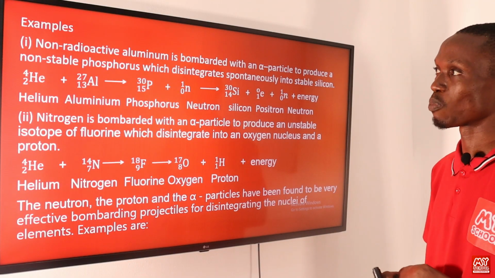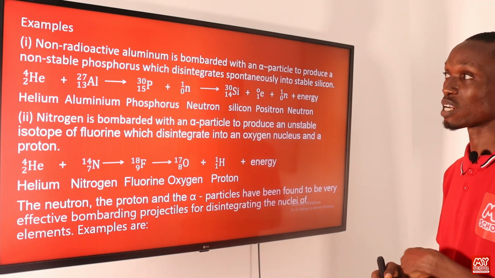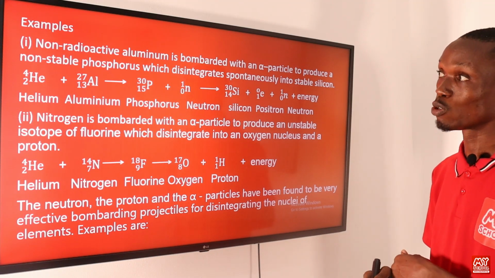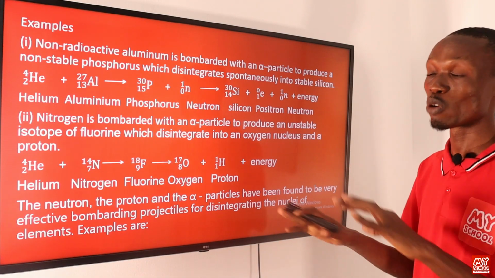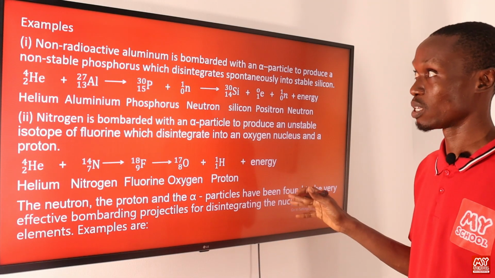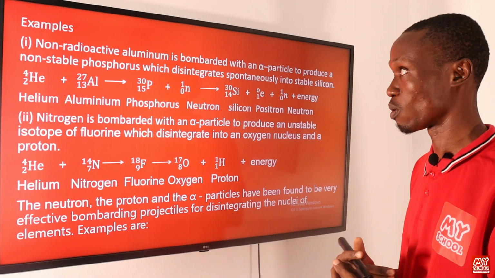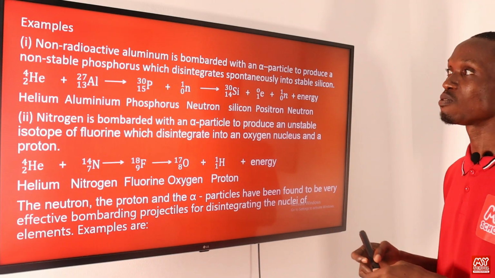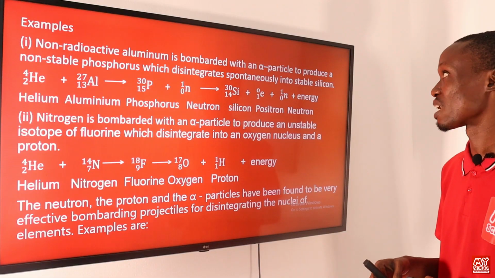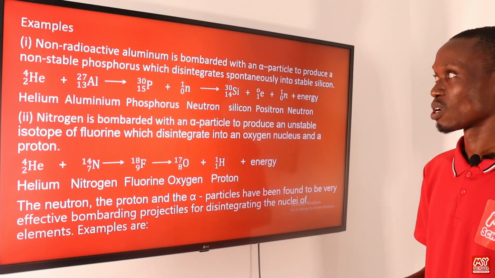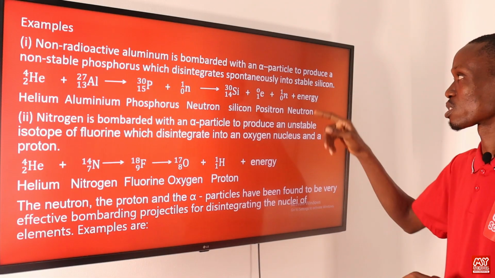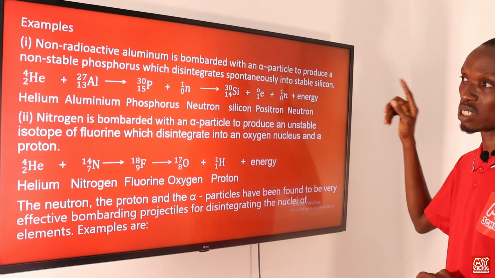Now, so let's see an example. One of them is a non-radioactive element, non-radioactive aluminium. This non-radioactive aluminium is not a radioactive element, it's just normal aluminium. But this non-radioactive aluminium is bombarded with an alpha particle to produce an unstable phosphorus, which disintegrates spontaneously into stable silicon.